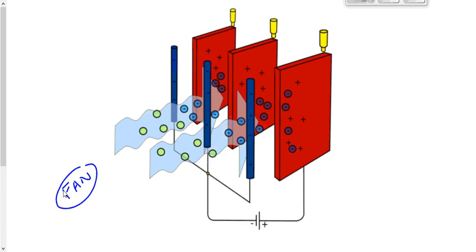Now, as we pump these through these blue rods here, which are negatively charged, we know those are negatively charged because they're closest to the negative side of the battery. If they're touching the negative side of the battery, then they become negatively charged. This air blows through these rods here, and these dust particles within the air touch these rods.